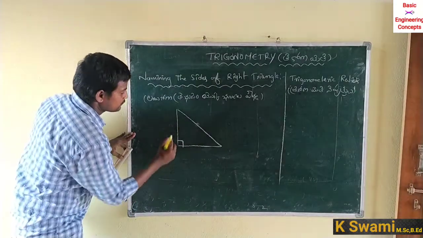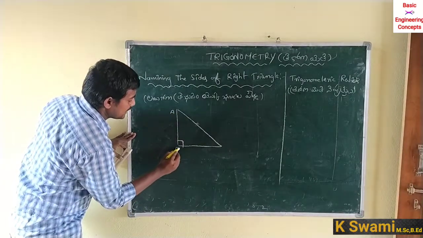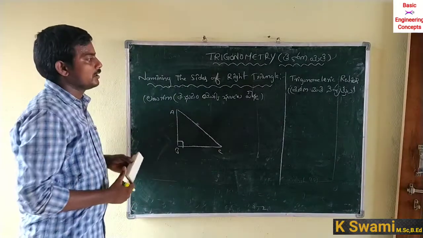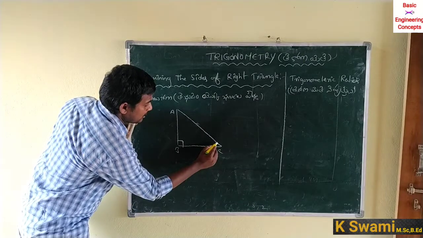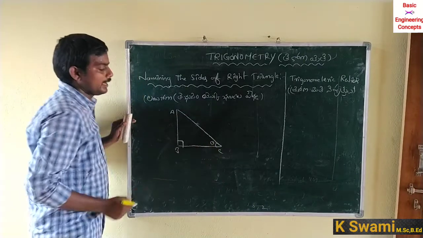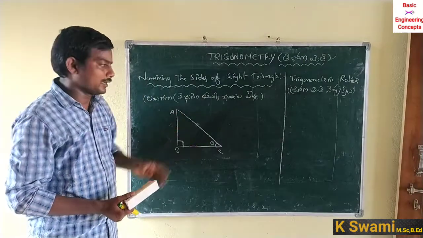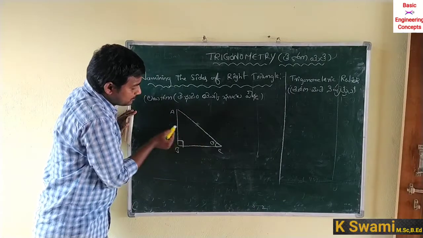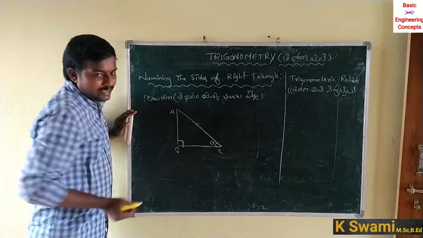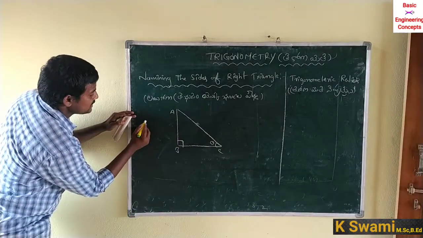So suppose ABC is a right triangle and let theta be an angle of the right triangle. So the line opposite theta is called the opposite side.